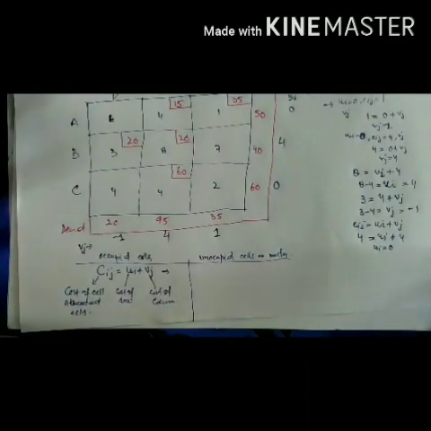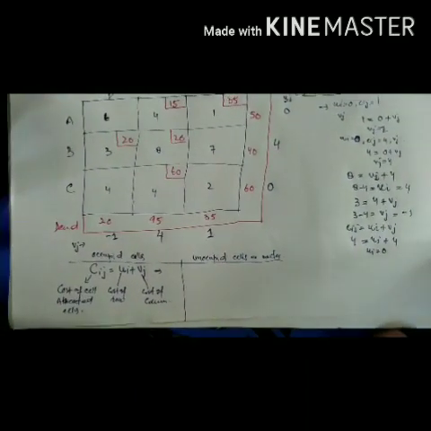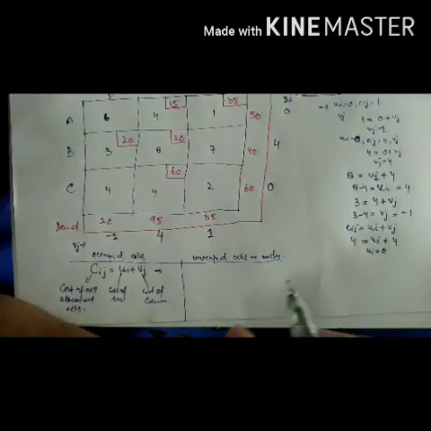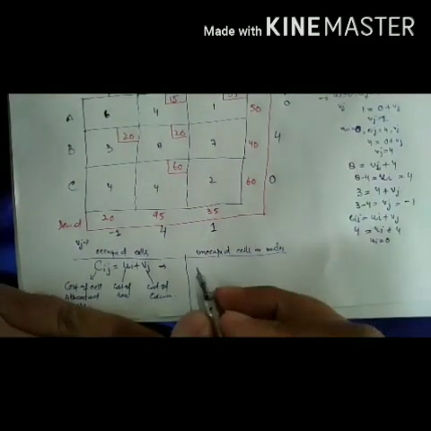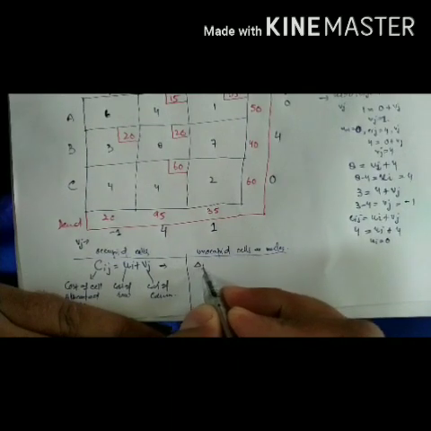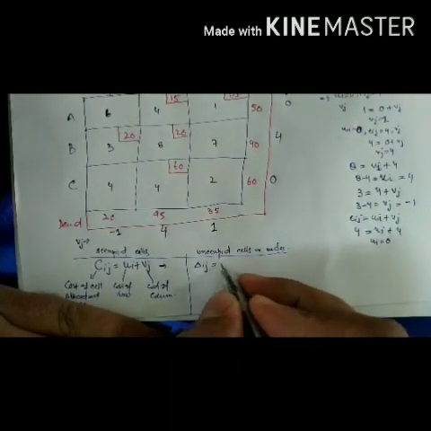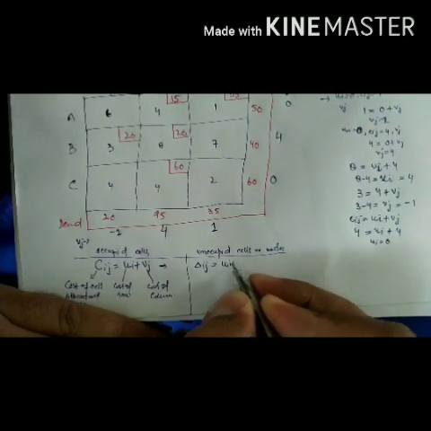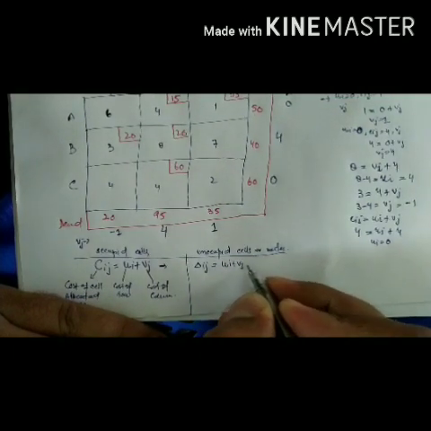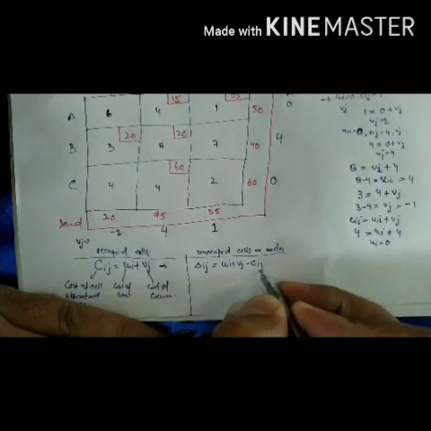For unoccupied cells, what I have to do is calculate delta ij, which is equal to Ui plus Vj minus Cij.